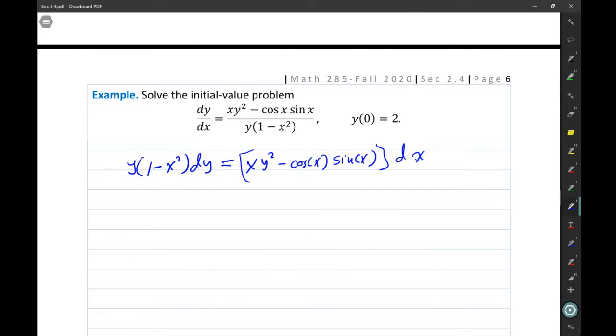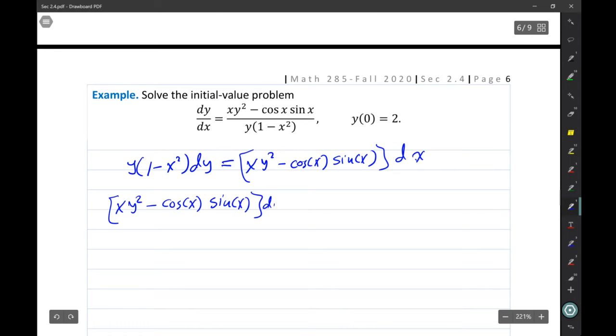To rewrite it in a clearer form, that becomes x y square minus cosine x times sine x dx minus y times 1 minus x square dy equals 0.